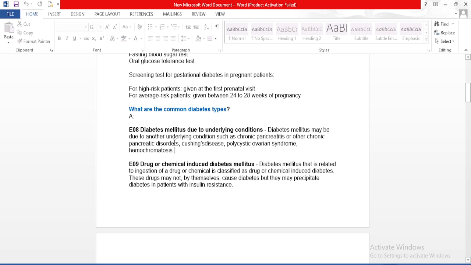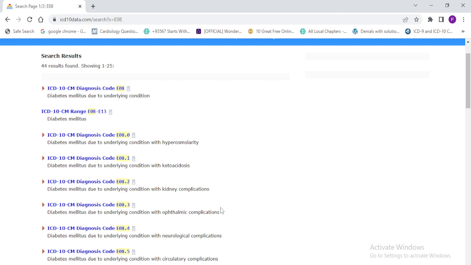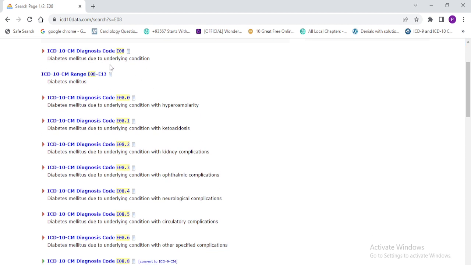So we will check E08 in our code book. If you check E08, diabetes mellitus due to underlying condition, here the fourth character differs. The fourth character relates to hyperosmolality, and one is ketoacidosis. E08.2 is kidney complications.